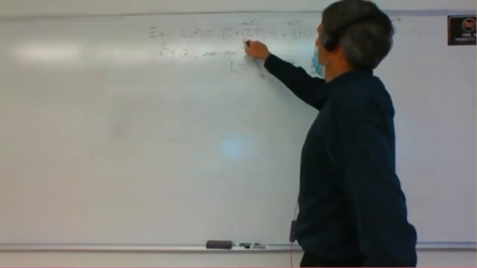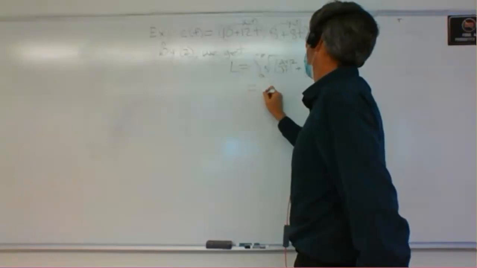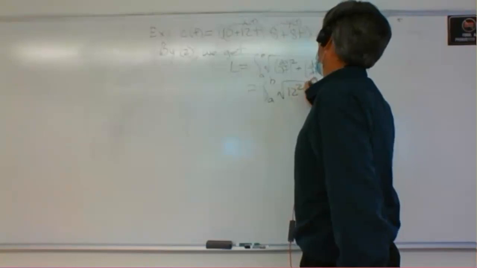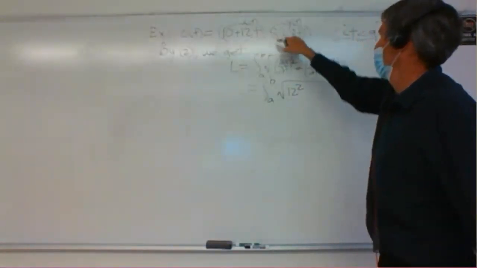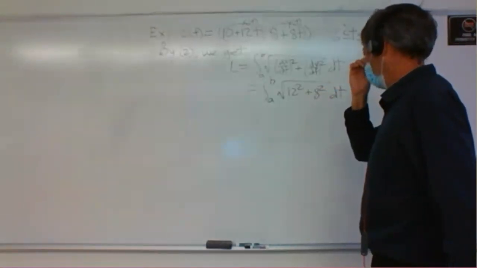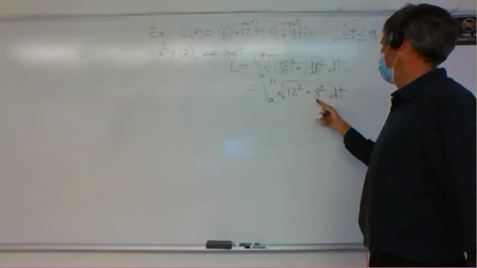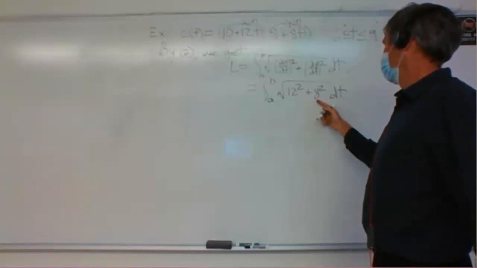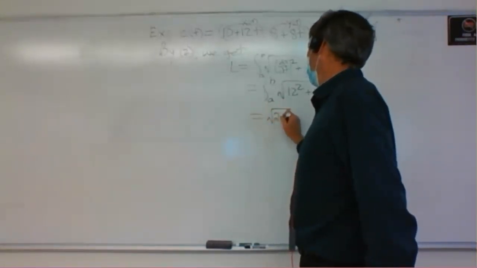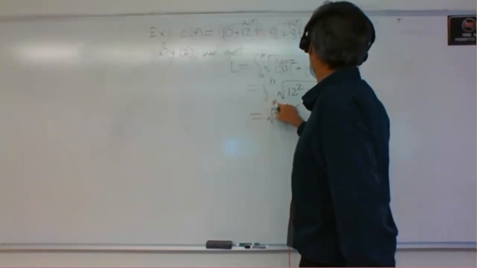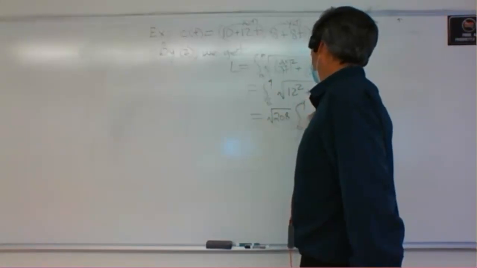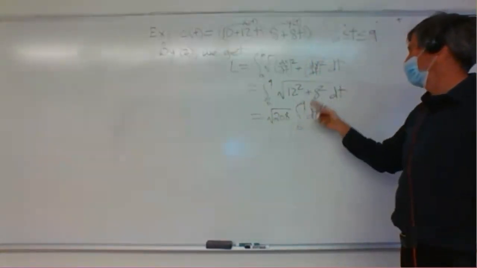dx/dt, the derivative of x here, is just 12, squared, plus dy/dt, the derivative of 8 plus 8t, is 8, squared, dt. So let's see, 144 plus 64 is 208, right? So I got square root 208 that can then come out. Integral from, oh, this went from 6 to 9, sorry, 6 to 9, dt, and what you've got is 1 dt if you like.